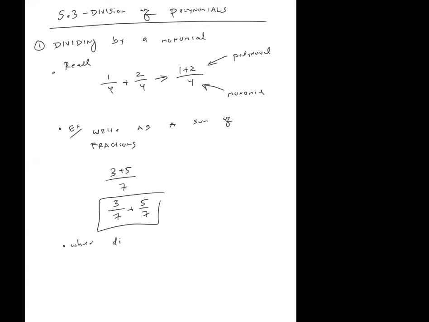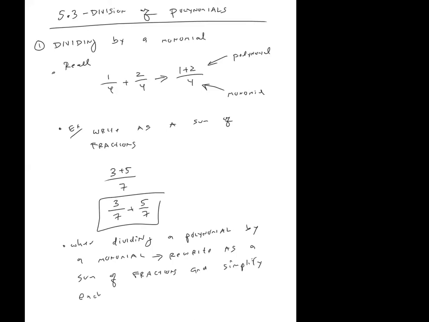So when dividing a polynomial by a monomial, just rewrite as a sum of fractions and simplify each fraction.